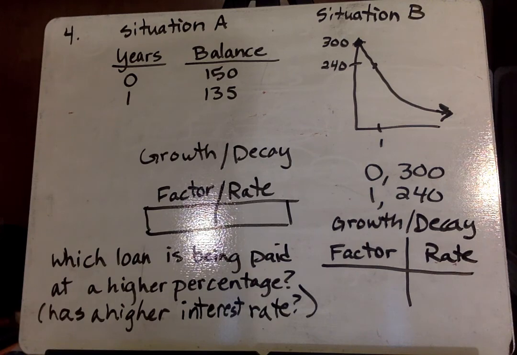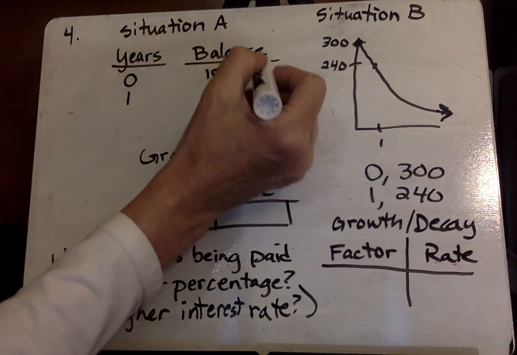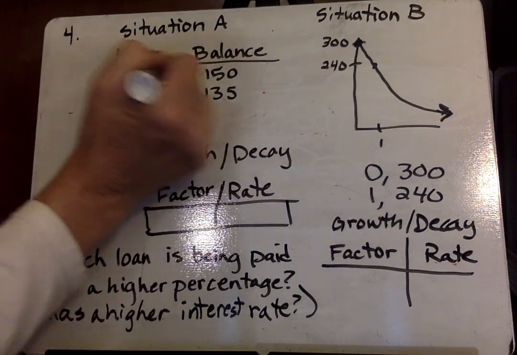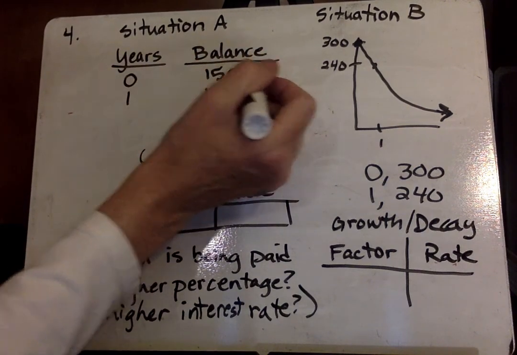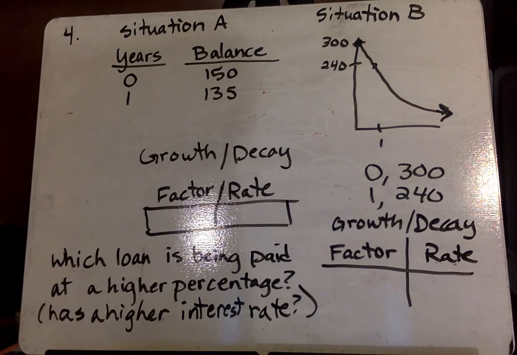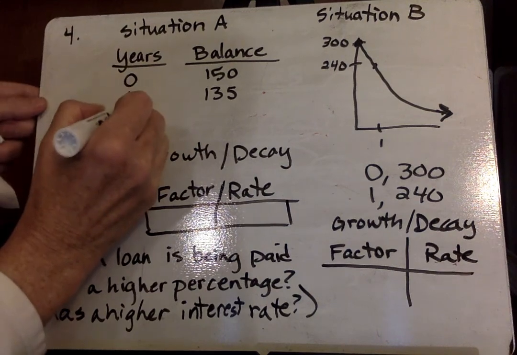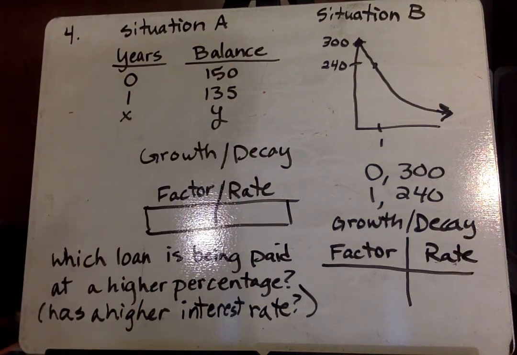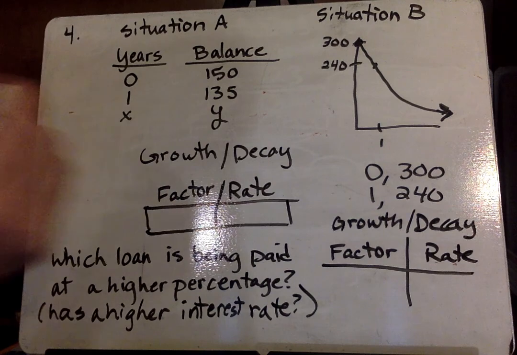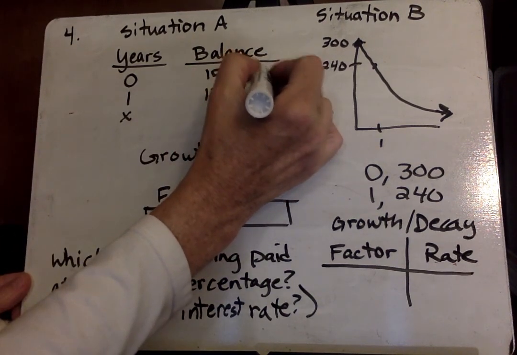Okay, so if I look at number 4 here, this balance is in thousands of dollars. So year 0, you take a $150,000 loan out. Year 1, you have $135,000 left. So how do you find the interest rate on that? Well, you take the second year. So this can be considered our x values, and this is our y values. What I want you to do is take y2 and divide it by y1.